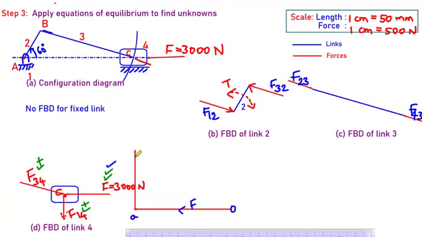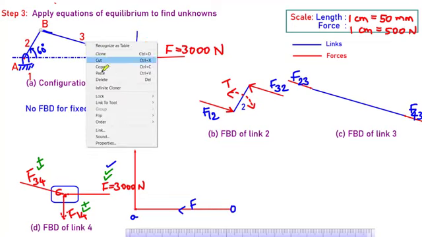Only when I know the exact length can I draw the third vector from there. But in this case, I do not know the exact magnitude of the force. So how can I proceed? I know that these three forces are going to make a closed polygon, so I can start from the other end of the polygon. Let me start from O. I will draw a line parallel to link 3, because we know that F34 is parallel to link 3.